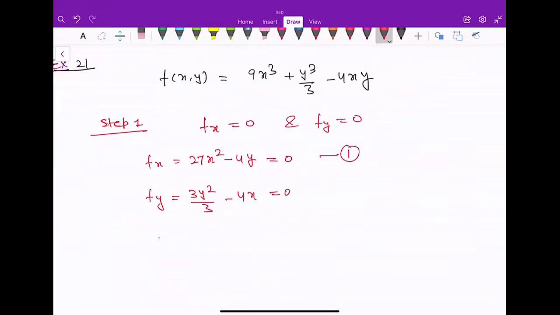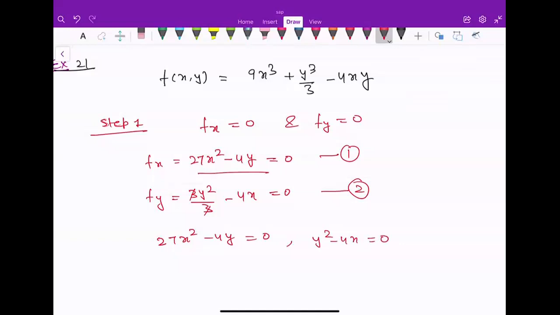So now you have two equations, equation 1 and equation 2. Now you can solve these equations and then compute the values of x and y. These are quadratic equations, so obviously you will get two values. So from here you can get two values of x and y. So we solve it. After solving, you have 27x square minus 4y equal to 0, and the second equation is y square minus 4x equal to 0, okay?